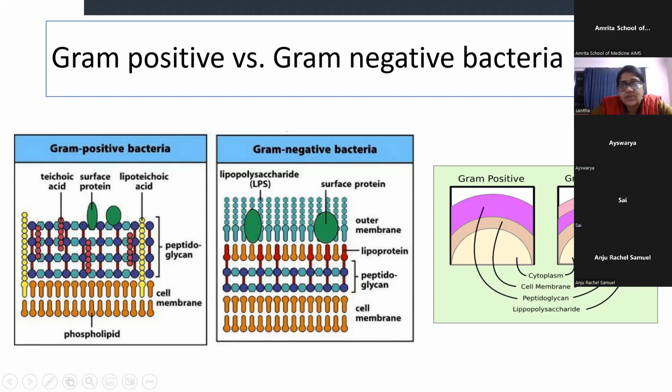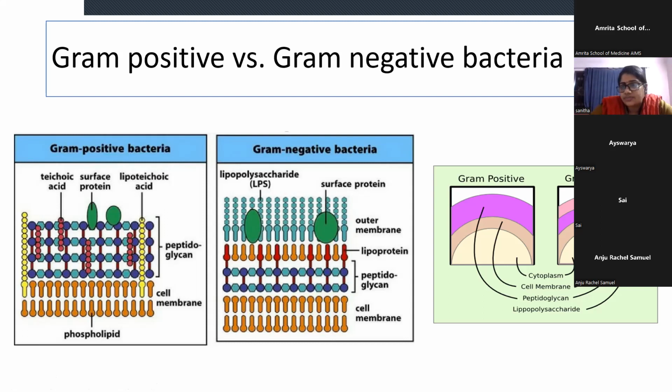So the basic difference between gram-positive bacteria and gram-negative bacteria is the composition of the cell wall. In gram-positive bacteria, the cell wall is a thick structure made up of one type of compound, that is peptidoglycan, while in gram-negative bacteria, the cell wall is made up of not only peptidoglycan but also an outer lipopolysaccharide layer.